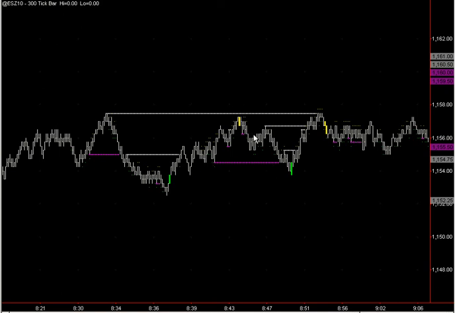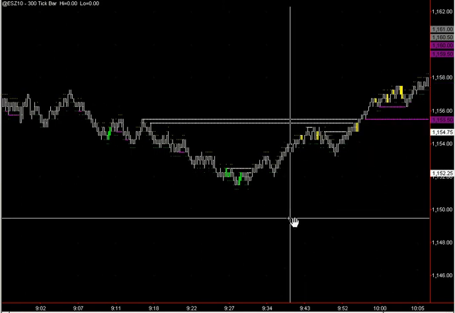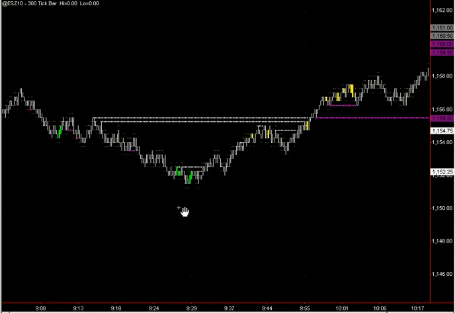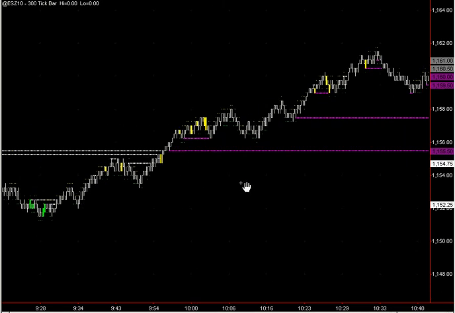Down it came, hit that level, turned right around, and started heading right back up to where our projections were. The market then made a nice short into the low of the day at around 9:30, and as it did, left a couple of footprints indicating we're going back up. Sure enough, it did, and hit exactly where the indicator said that it would.